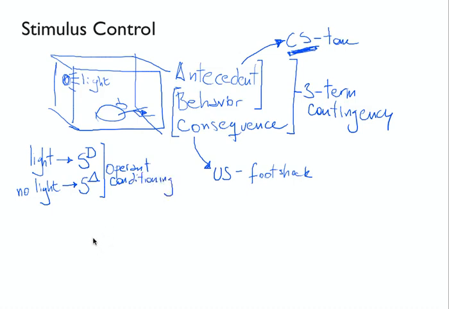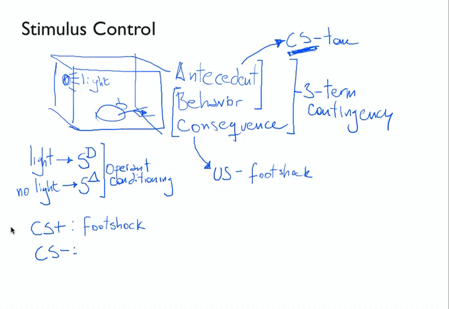In the case of Pavlovian conditioning, you can think about a similar situation in which you have a CS, and we often call it a CS plus this time, the one that is associated with food shock, and a CS minus, maybe another stimulus, let's say a different tone.